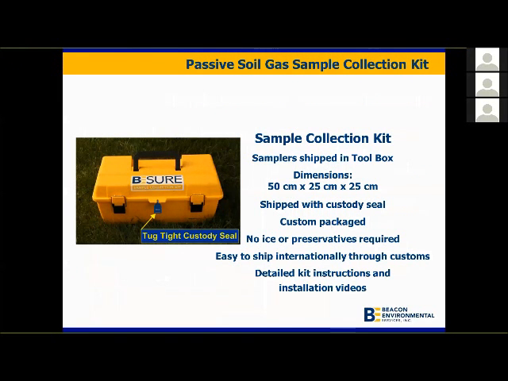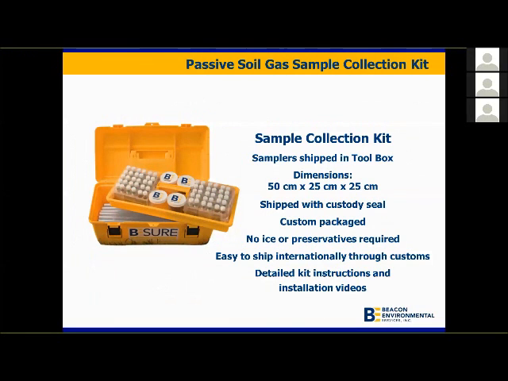Now, Beacon's technology is provided through use of soil gas sample collection kits, which we ship out to our clients for them to collect the samples themselves. They're shipped out in a rugged toolbox. It's approximately 20 inches by 10 inches by 10 inches. And it's shipped out with a tug-tight custody seal on to make sure that nothing's tampered with during delivery. Each kit is custom packaged with the appropriate number of samplers, depending on the size of the investigation, whether it be 10, 20, 50, or 100.